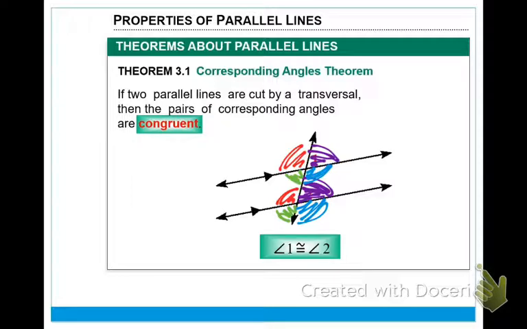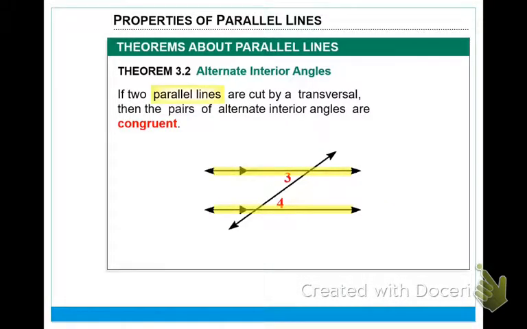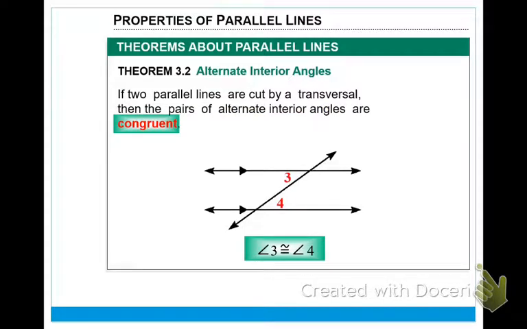All right, next one. We actually do alternate interior, so that's to the right of this box. So if two parallel lines are cut by a transversal, then the pairs of alternate interior angles are congruent. So alternate interior angles are congruent. So with your colors, this is 3, yes?